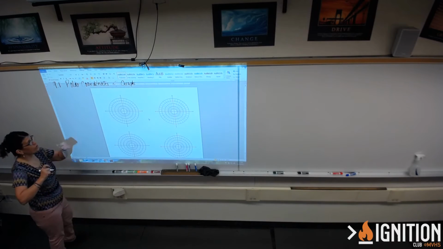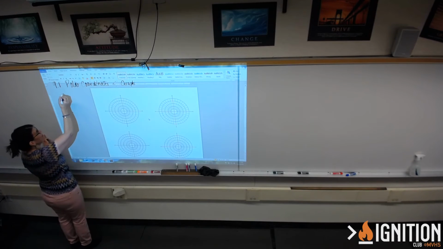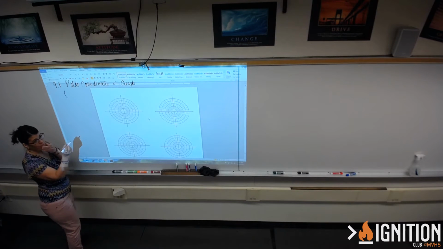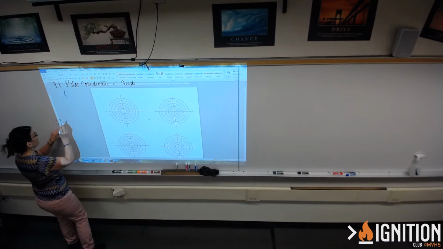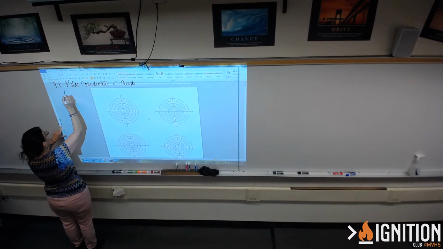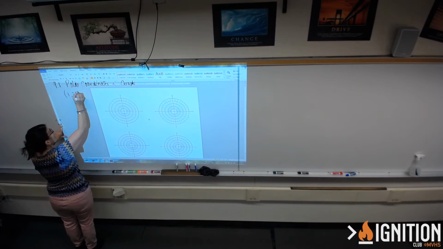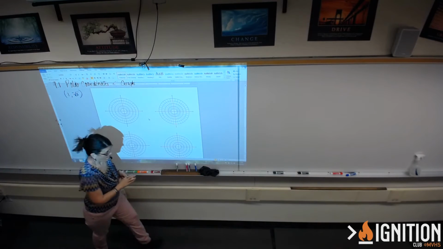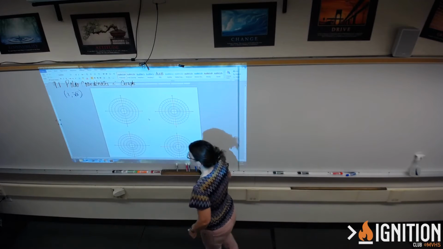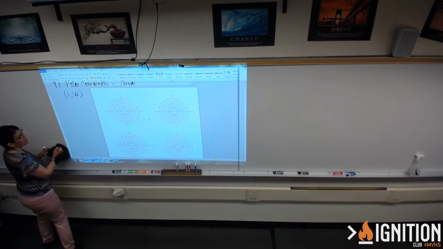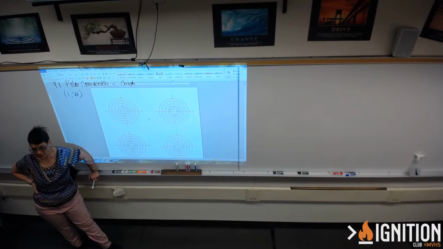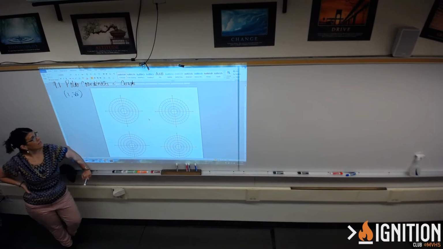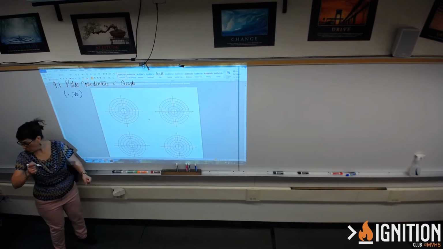Okay, so polar coordinates and graphs. If I ask you to plot the point, I'm going to combine my rectangular and polar graph together. So (1, -√3). So 1 is your x.